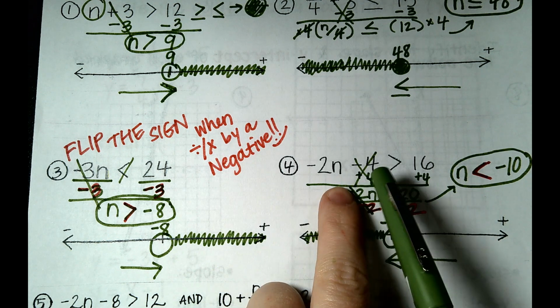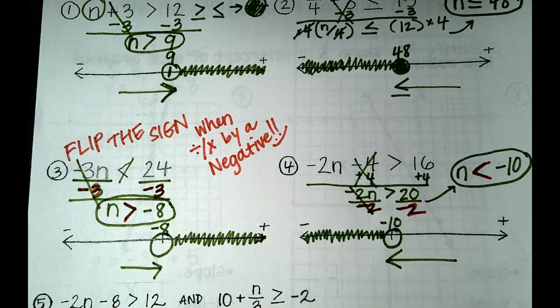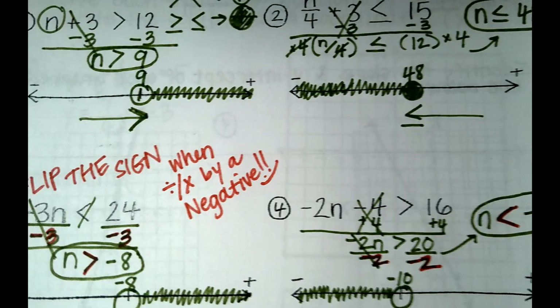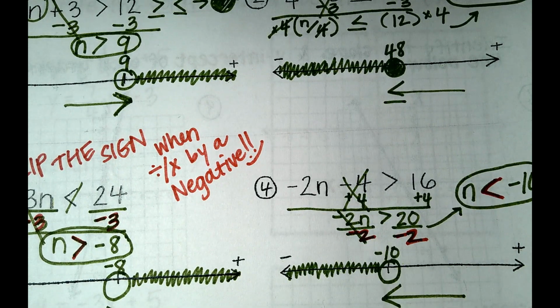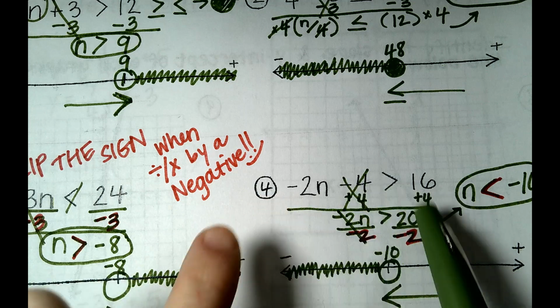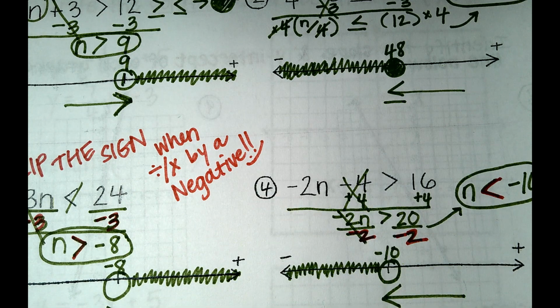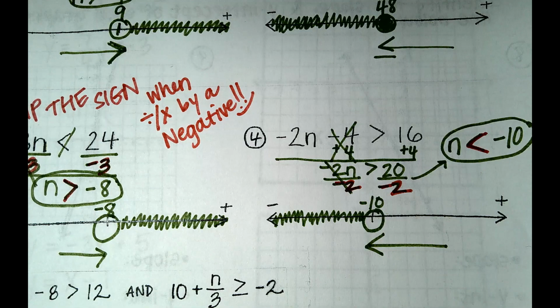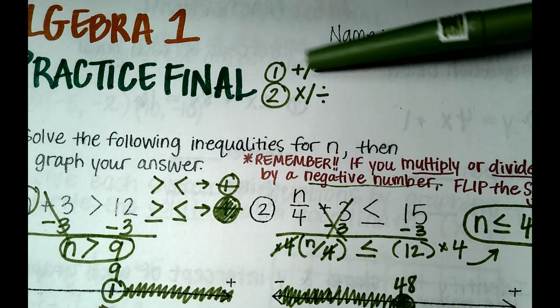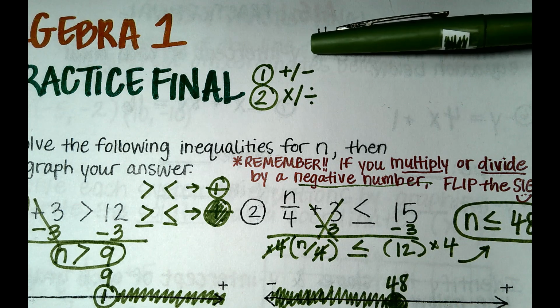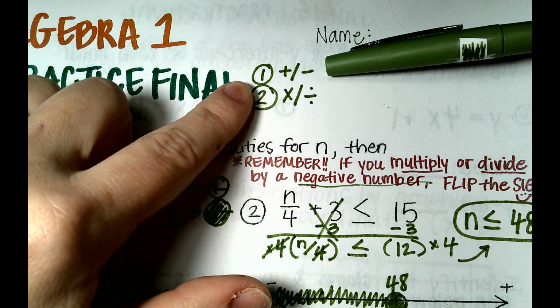So why did we add 4 first? Okay, so the reason that we're adding 4 to both sides before dividing by negative 2 is because whenever we're solving an inequality or an equation, we're using the reverse order of operations. And that's why we put this little key up here at the top. First, we always want to get rid of addition and subtraction.